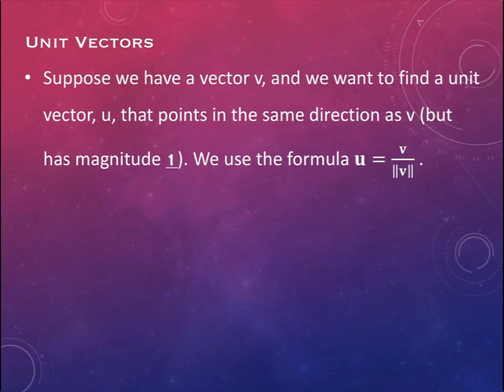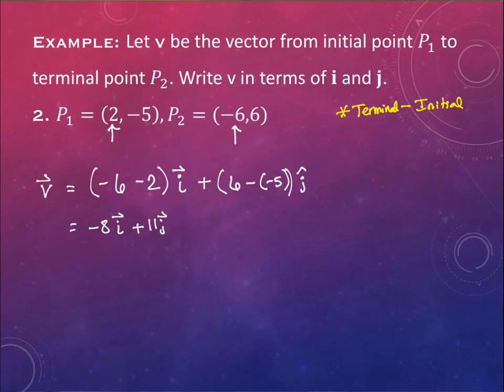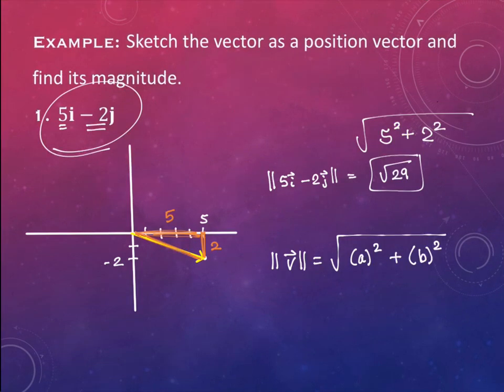So if the vector, for example, let's just take a look over here at this one that we had already referenced this morning, this 5i minus 2j, simply because we have the magnitude here, which makes it nice. If we wanted to find the unit vector for this, what we would do is we would take each of the component vectors, right, and we would divide it by the magnitude square root of 29. Now, we don't get to leave it that way. Y'all know that. It was minus, and then it was 2 over square root of 29.